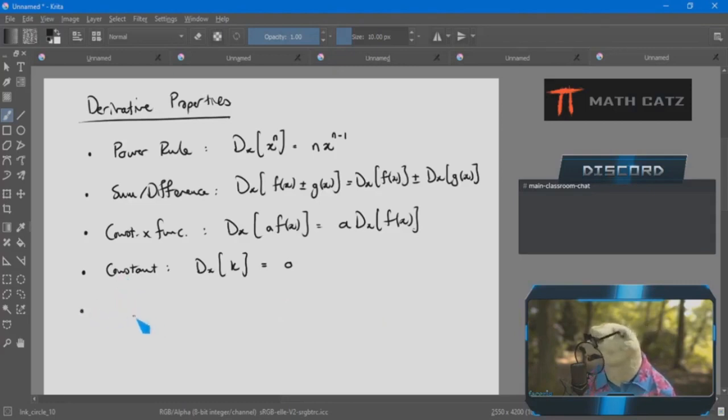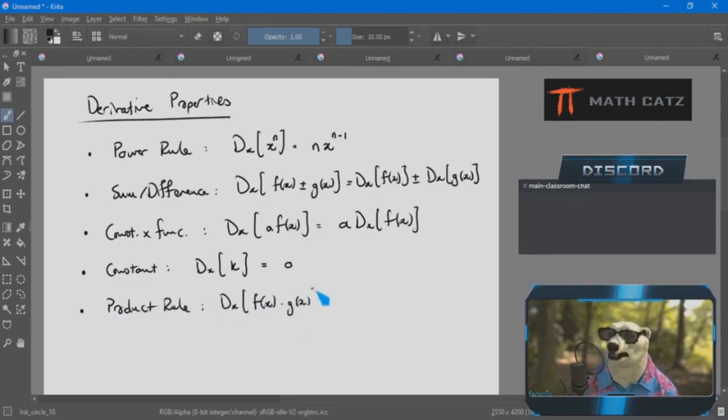Then we got into combining pieces of the function in different ways. One way is the product, by way of multiplication, that if I have two pieces being multiplied together, then yes, I can look at those pieces in isolation, but it's not going to be quite as simple as the sum difference property would be.